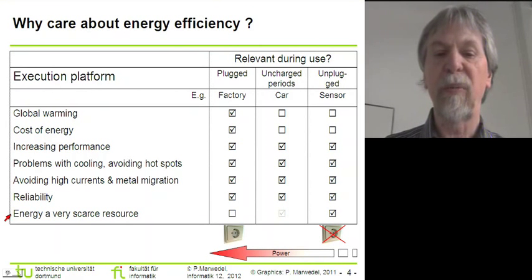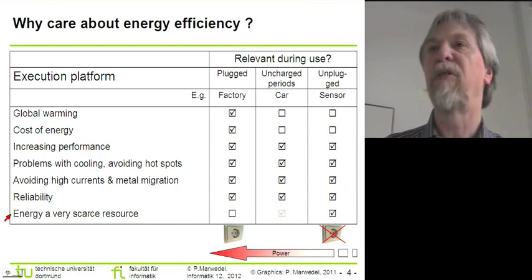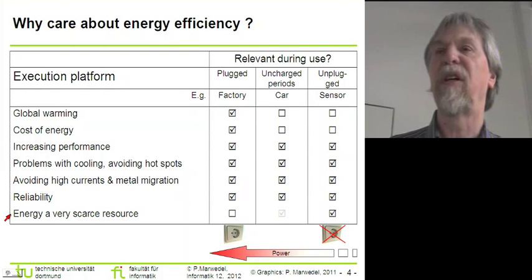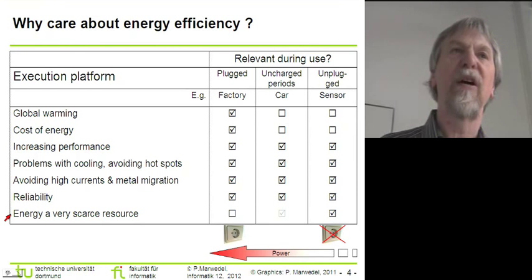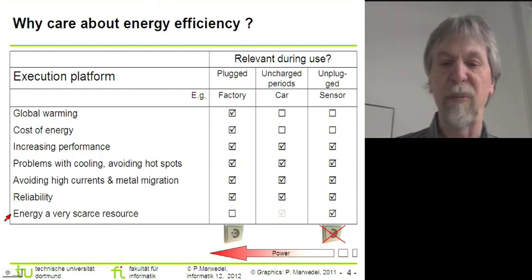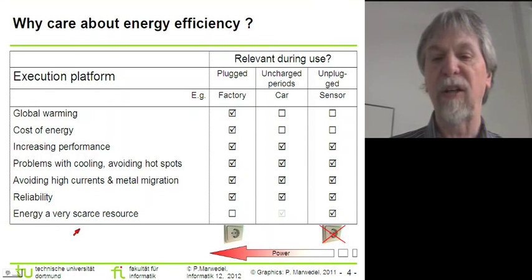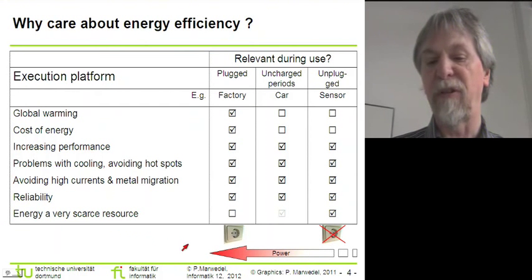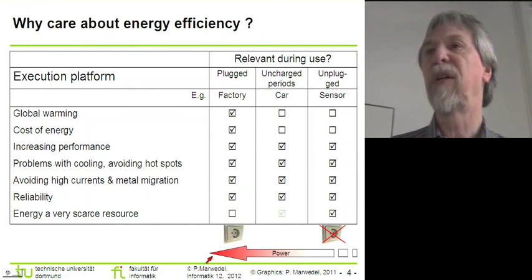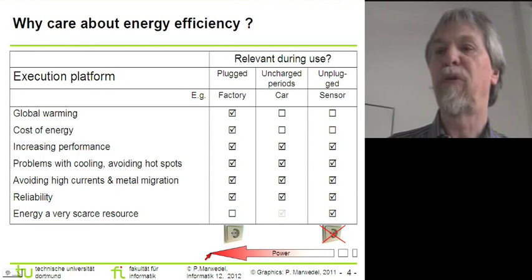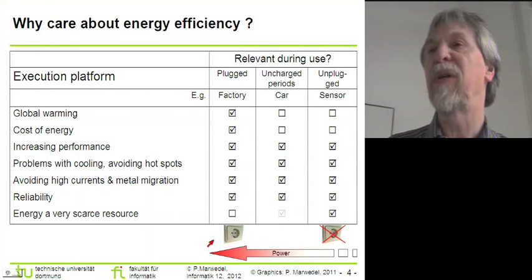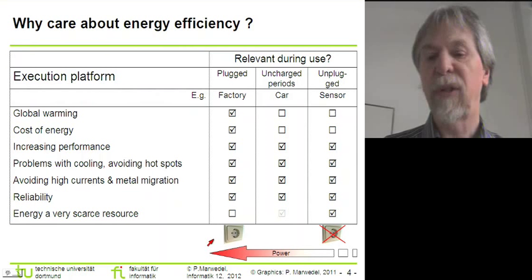And then people care about energy efficiency because in certain cases energy is a really scarce resource, so we really have to design our system with a very small amount of energy being available. Now, whether or not these reasons apply really depends on the context in which we are using information processing. There are several different environments in which we have more or less power available.